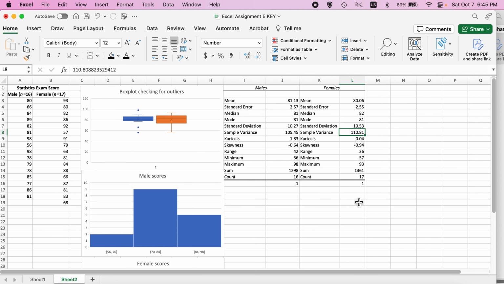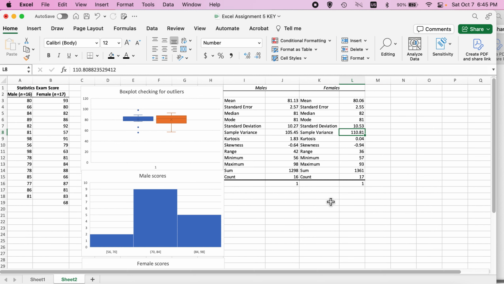There is something called a ratio, I'm trying to remember the name. Basically, you take this number divided by that number, and if it's less than 4, you're fine. So we know that's going to be less than 4.